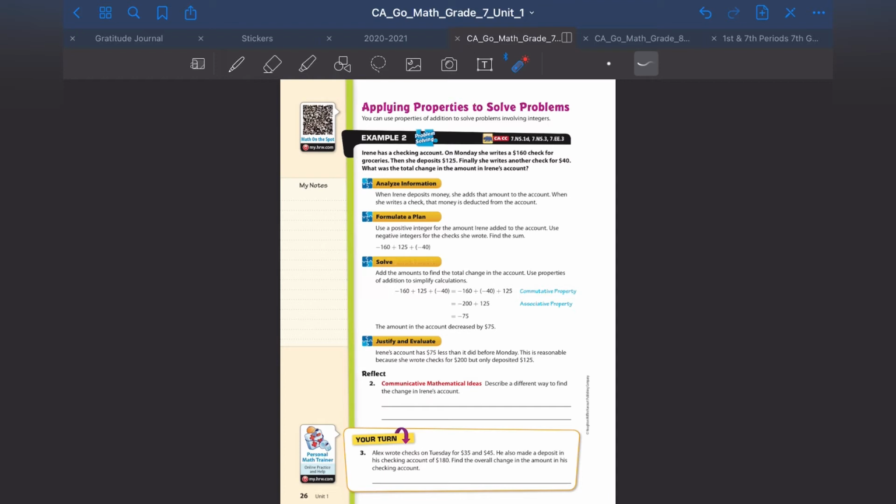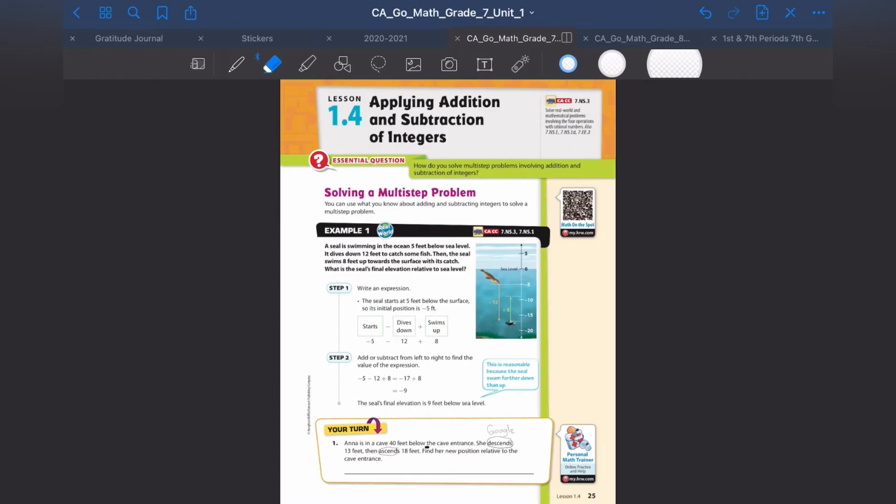And whenever we work on word problems, it's important that you draw. So draw a sketch because that will help you create an understanding of what's going on, and you'll be able to solve that problem. Okay, lesson 1.4 starts on page 25.